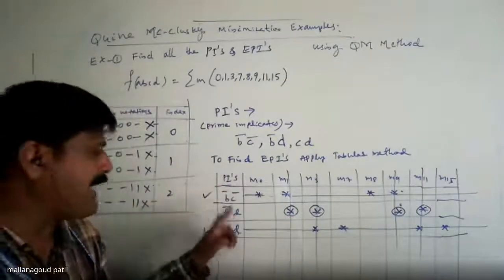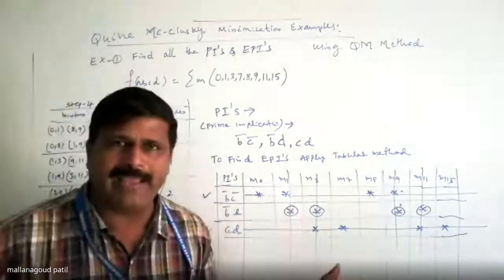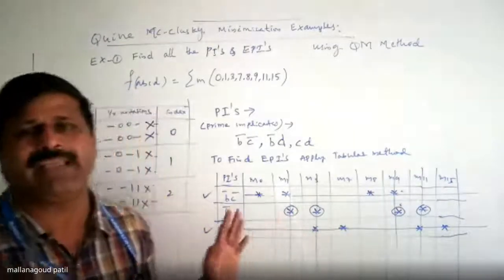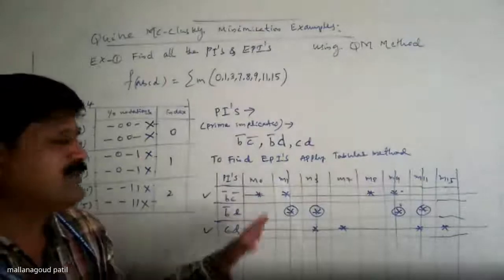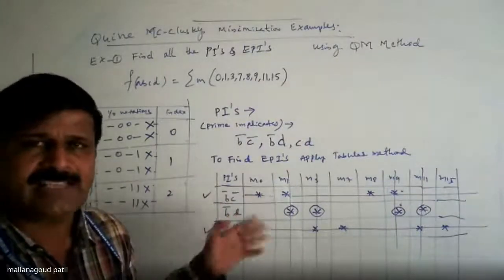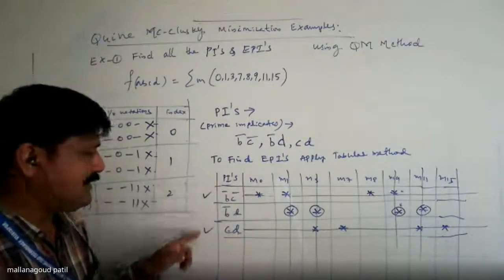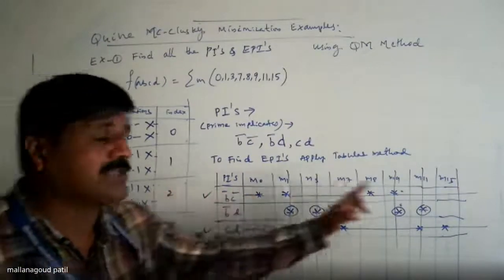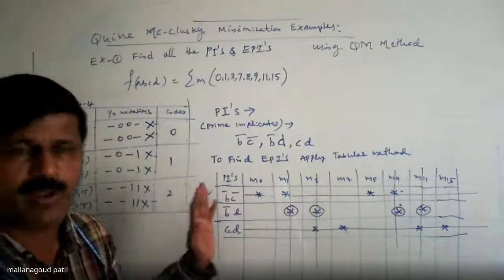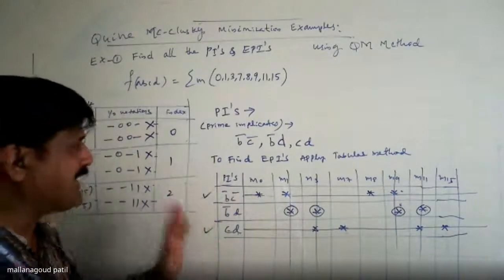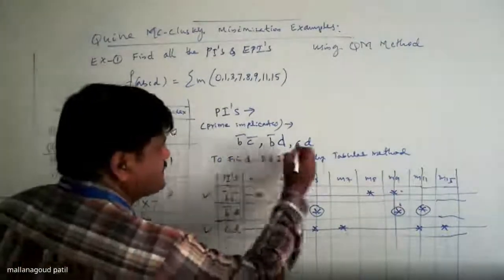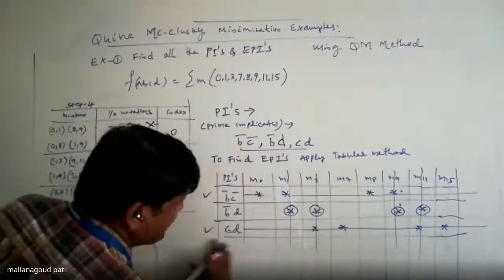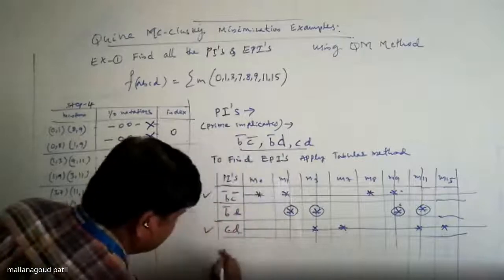Then B bar D prime implicant is not necessary, so it is not an essential prime implicant. Which are the essential prime implicants in this tick mark? These two are compulsory to cover all the minterms. These three are the prime implicants. Then essential prime implicants, I can write here, EPIs.